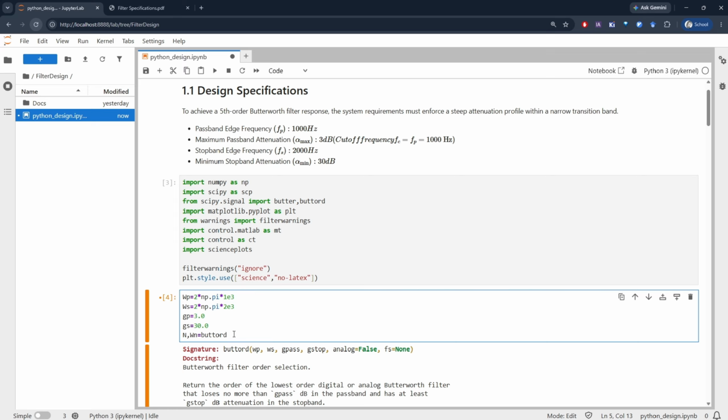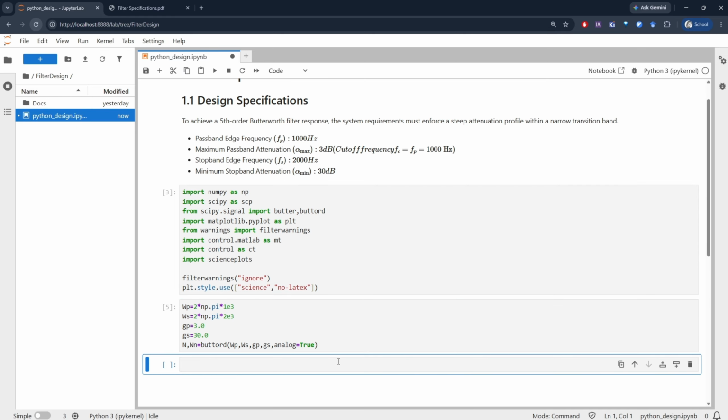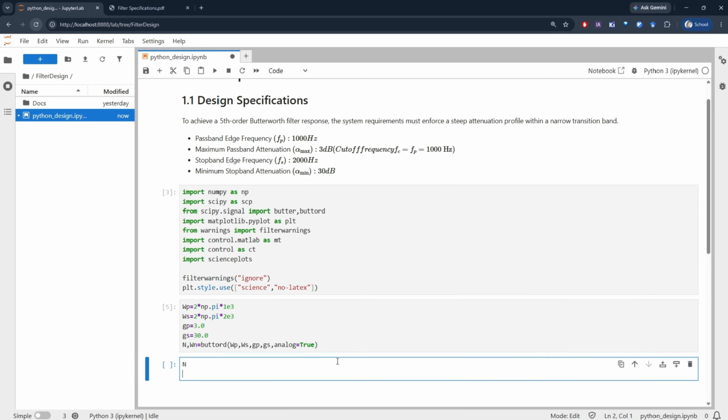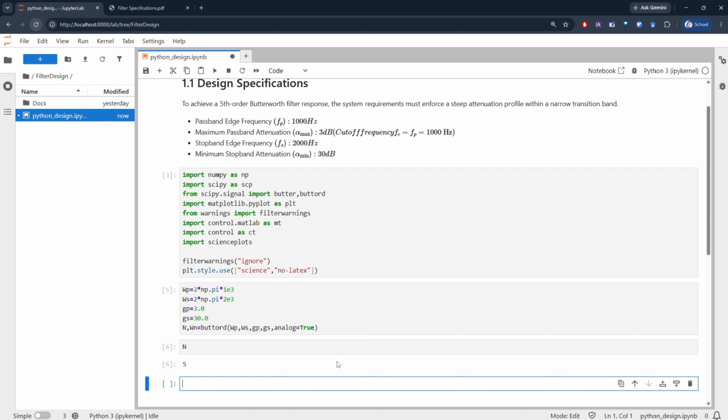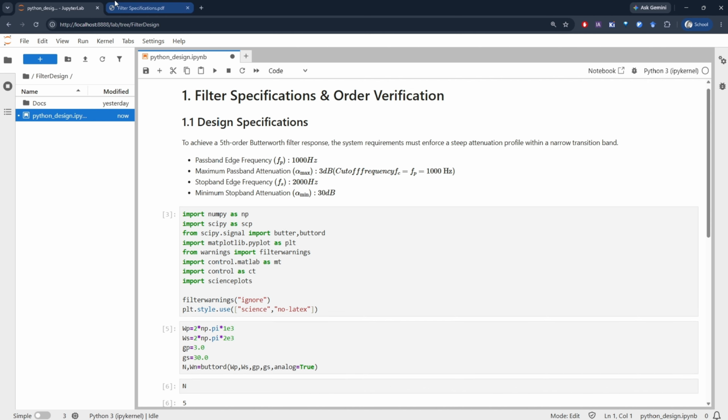Then after that, you're going to put those information. So I'm going to have omega p, omega s, gp, gs. Then analog to true. So you can see that you have the filter order as 5. And this is what you got from this.